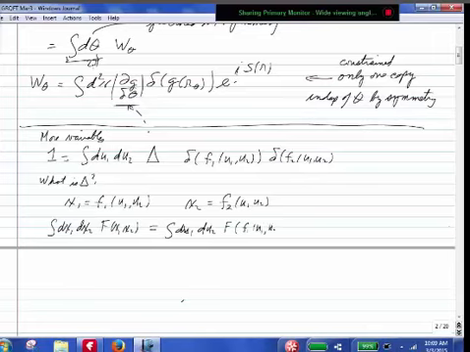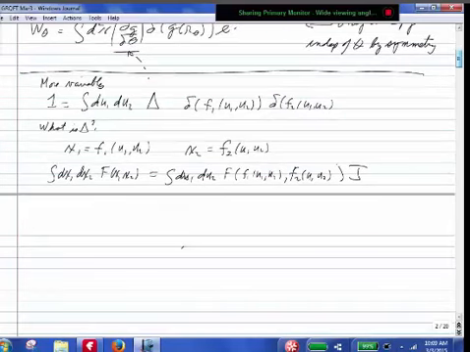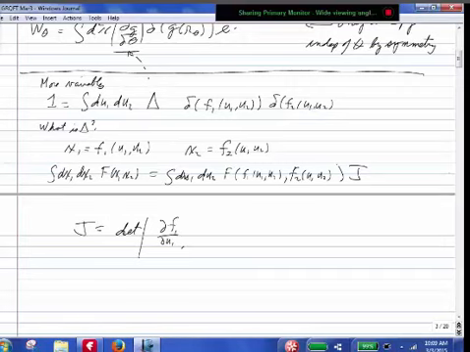Then if we have the integral dx1 dx2 for any function f of x1, x2, we convert over to du1 du2, f of f1 of u1, u2, f2 of u1, u2, times the Jacobian.